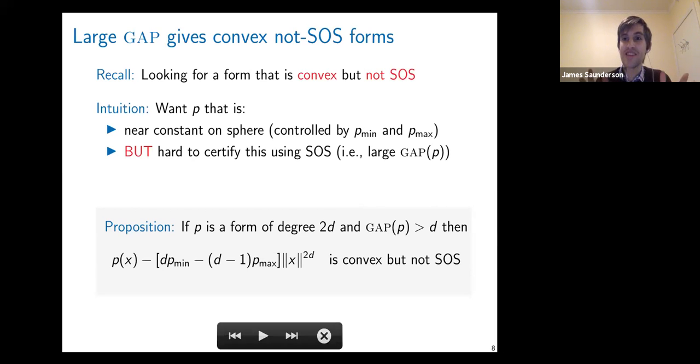So this is the main engine we're going to use. And so we're really going to be focusing on finding a form for which this gap quantity is bigger than half of its degree.